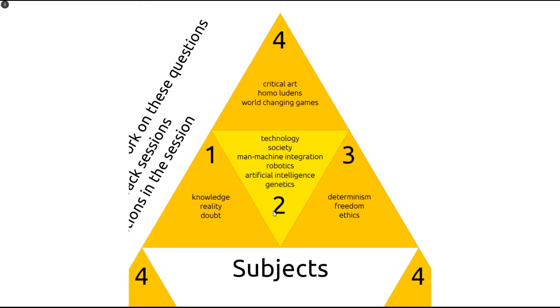The first triangle that you see here contains the subjects associated with each theme. You can, for example, clearly see that reality belongs to the first theme and Homo Ludens to the fourth. To get to know the subjects, the slides should be sufficient research in itself.